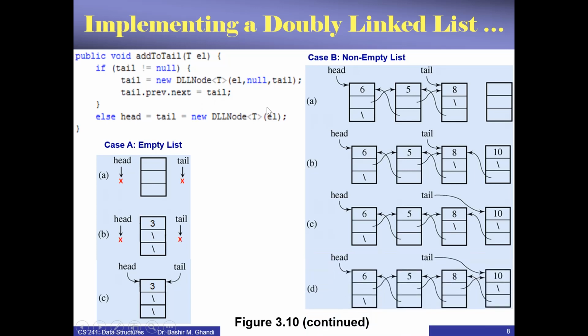So this is the final diagram, therefore, after doing the second statement. And you can see now our doubly linked list is complete with the new node added, with all the references assigned to their correct nodes or correct values.